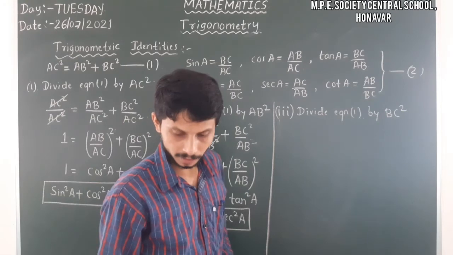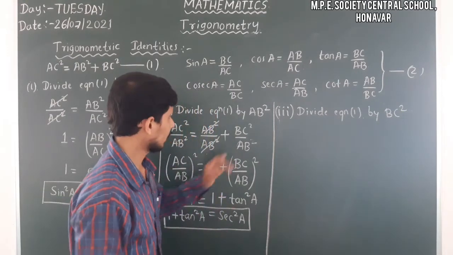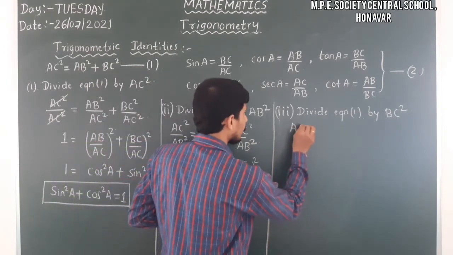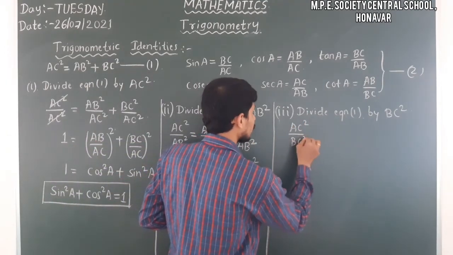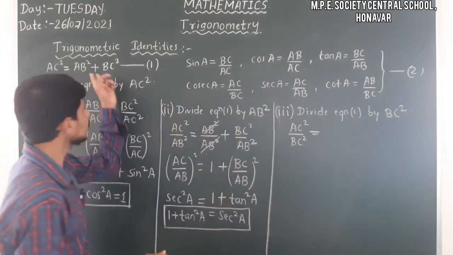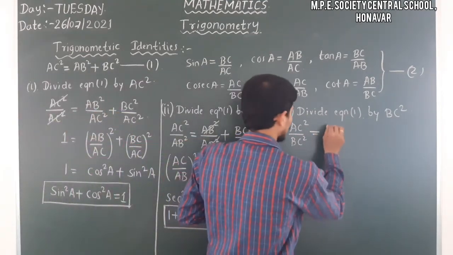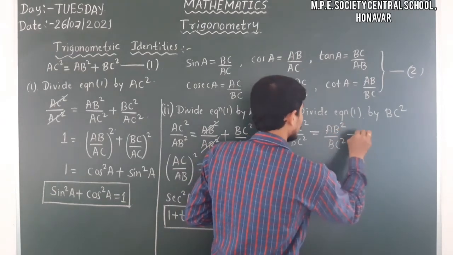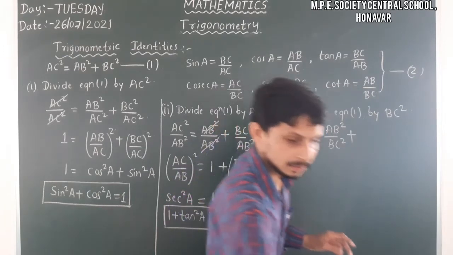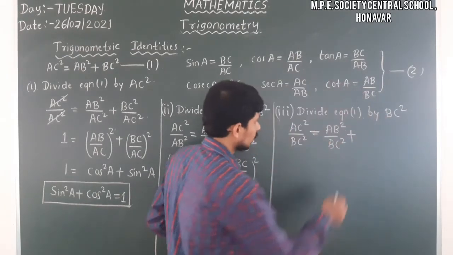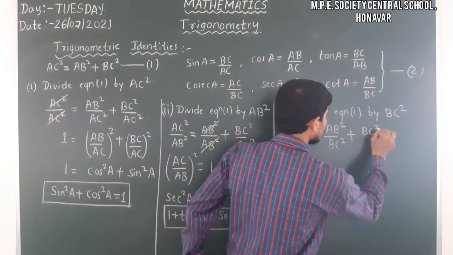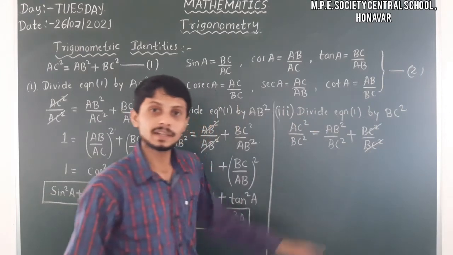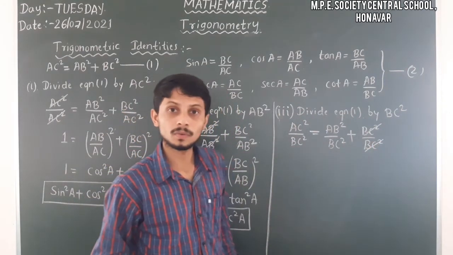So then AC square by BC square is equal to AB square by BC square plus, finally, BC square divided by BC square. BC square and BC square get cancelled, that means here we got 1.